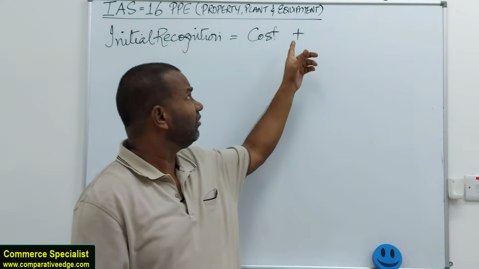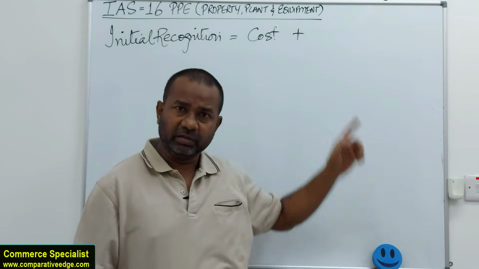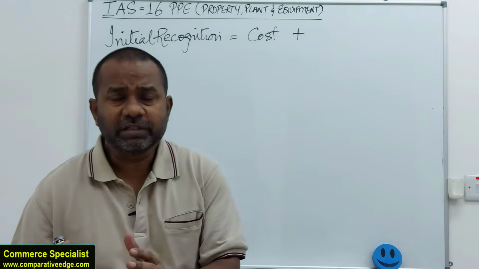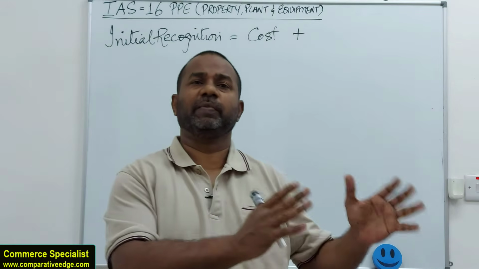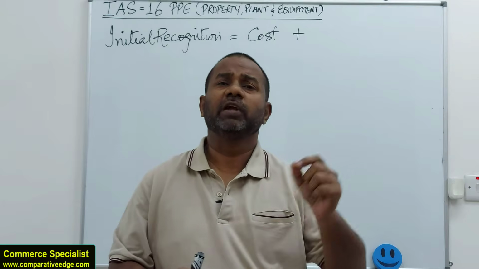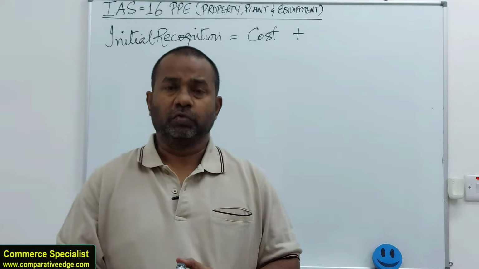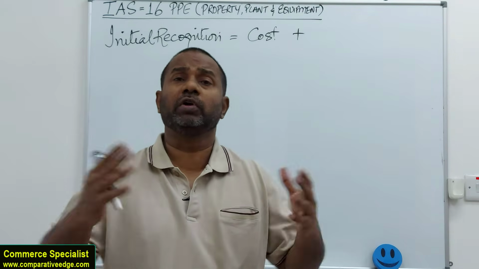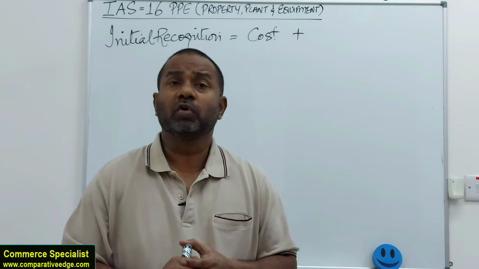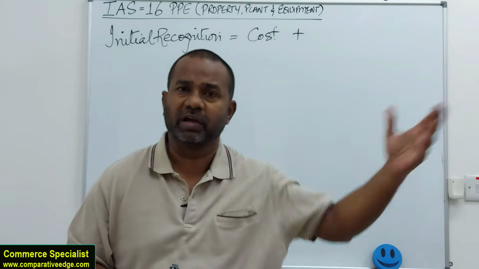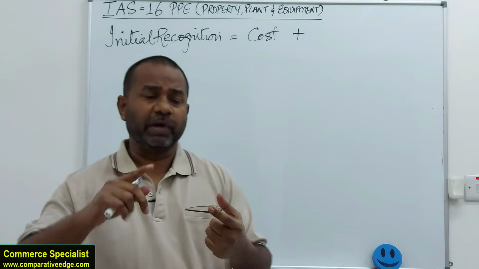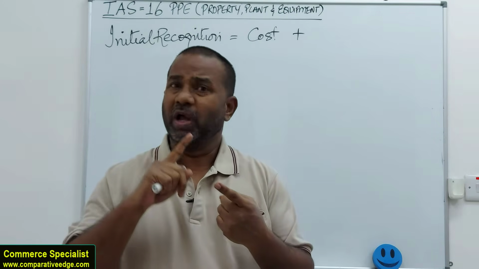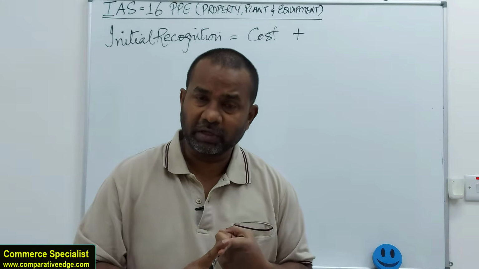And if you look at this, I've put a plus sign here. The cost of purchase plus capital expenditures, mandatory expenditures. So for example, if you have imported a motor vehicle from XYZ country, let's say you paid 1 million for the motor vehicle.